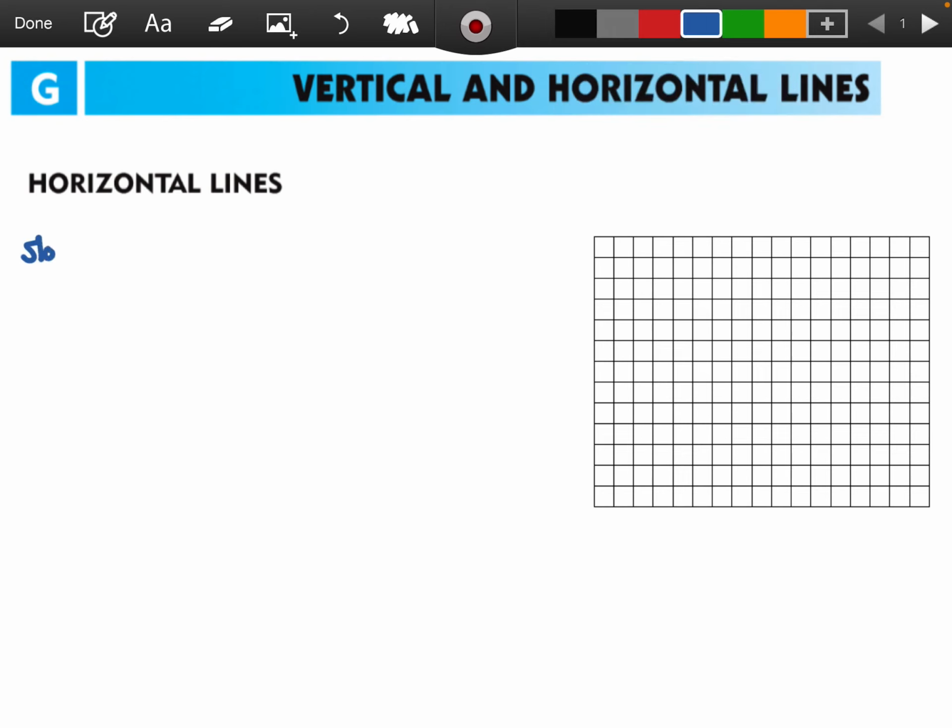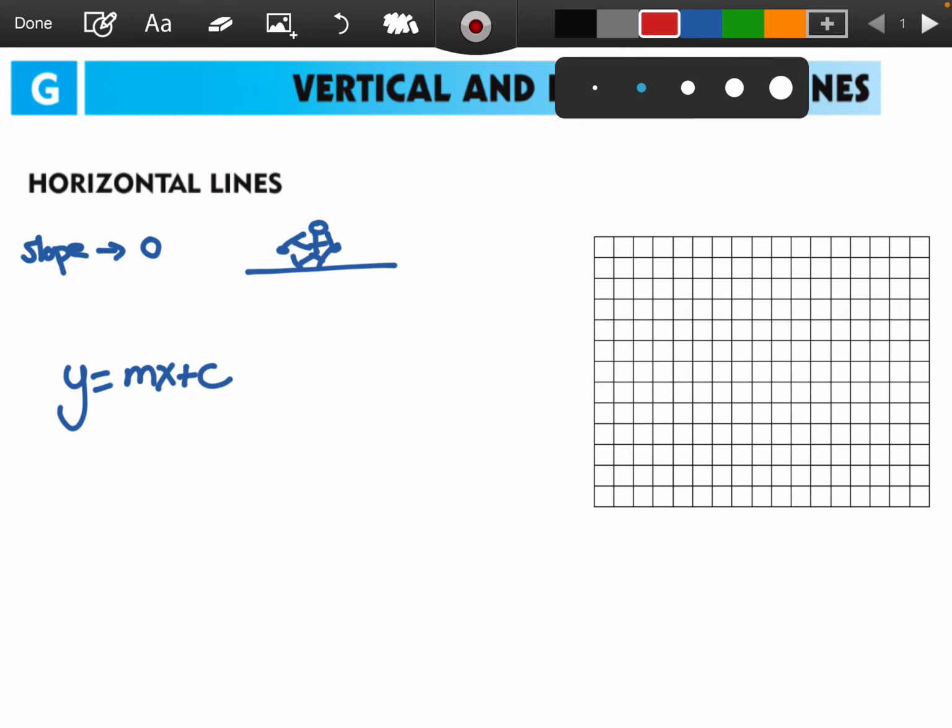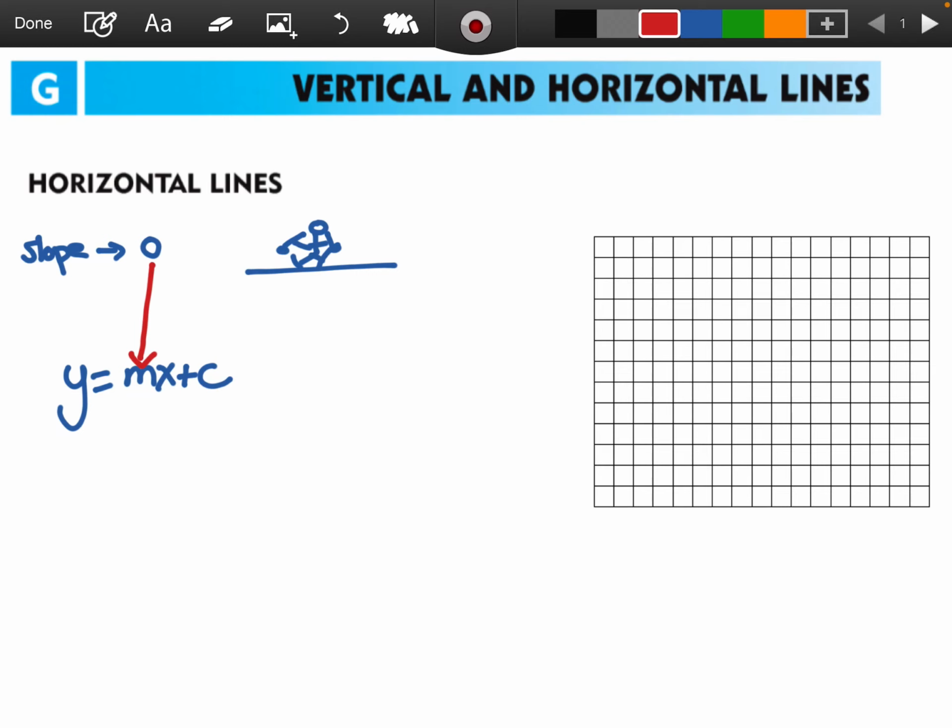So thinking back to our slope day, what is the slope of a horizontal line? Well, it is 0, because remember our little skier who's having 0 fun on the horizontal ski slope. So if the equation of a line is y equals mx plus c, where m is the slope and c is the y-intercept, what happens when we put a 0 in there for slope?